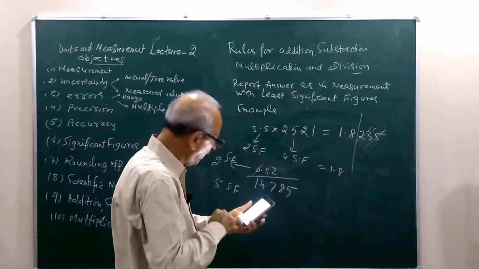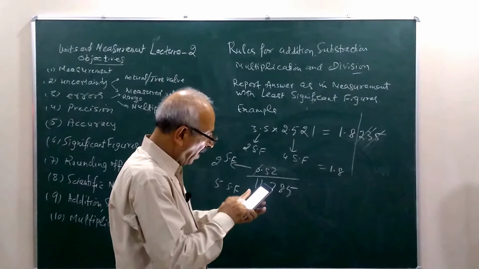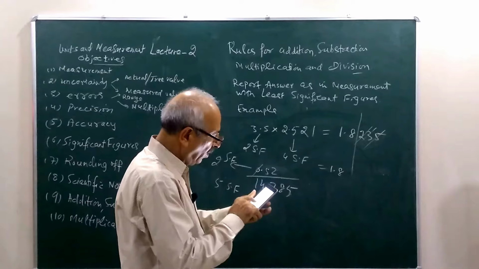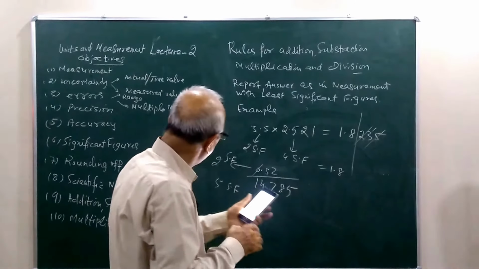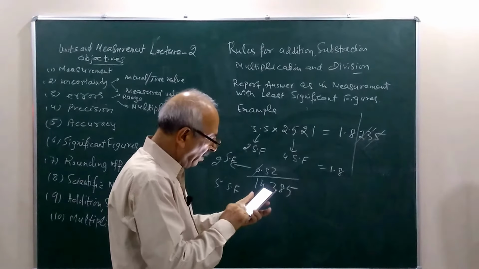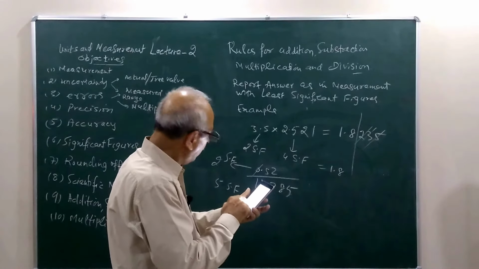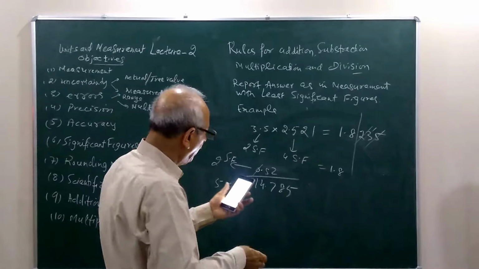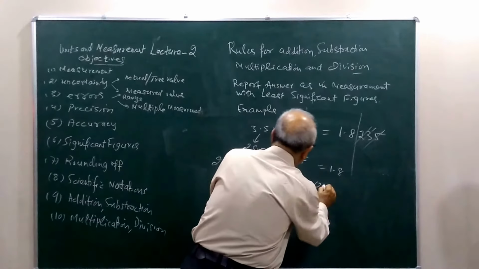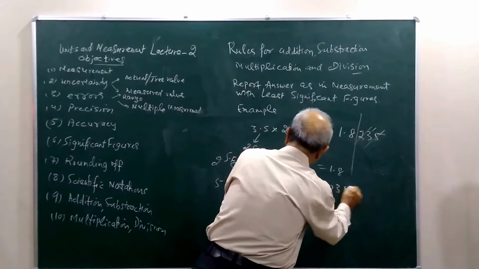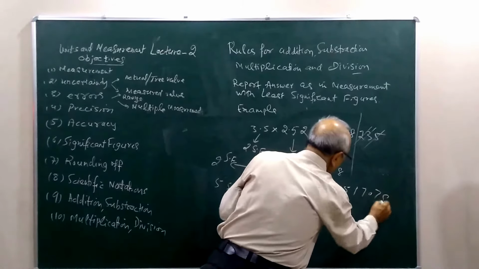Let me see by division. 0.52 divided by 14.785 comes to 0.0351778.